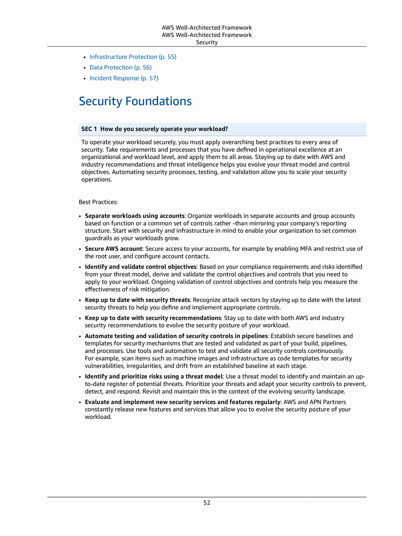Keep up to date with security recommendations. Stay up to date with both AWS and industry security recommendations to evolve the security posture of your workload. Automate testing and validation of security controls in pipelines. Establish secure baselines and templates for security mechanisms that are tested and validated as part of your build, pipelines, and processes.